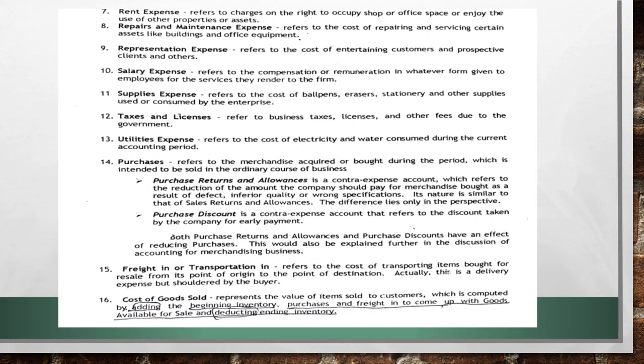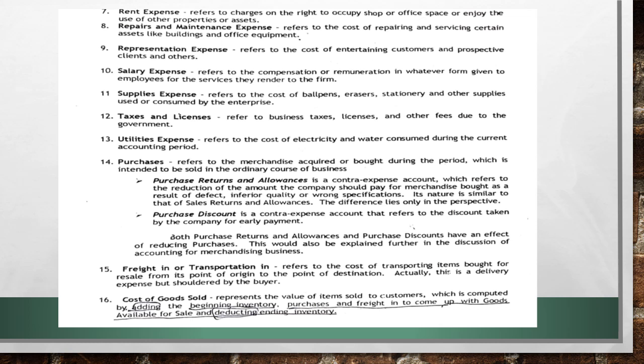Number 7, the rent expense, those are charges on the right to occupy a shop or any office space. Repairs and maintenance expense refers to the cost of repairing and servicing certain assets. Representation expense, cost of entertaining customers and prospective clients.